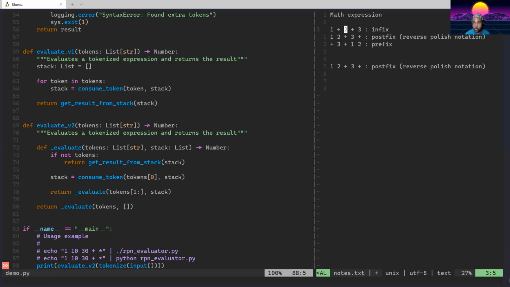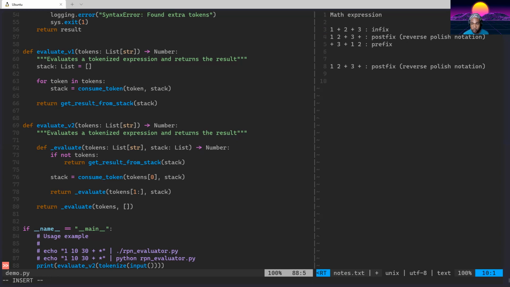We could have 2 plus 3 and then add 1, or 1 plus 2 and then add 3. The way we try to enforce order of operations in infix notation is how we introduce parentheses around sub-expressions. So we won't have to deal with that with the postfix notation.